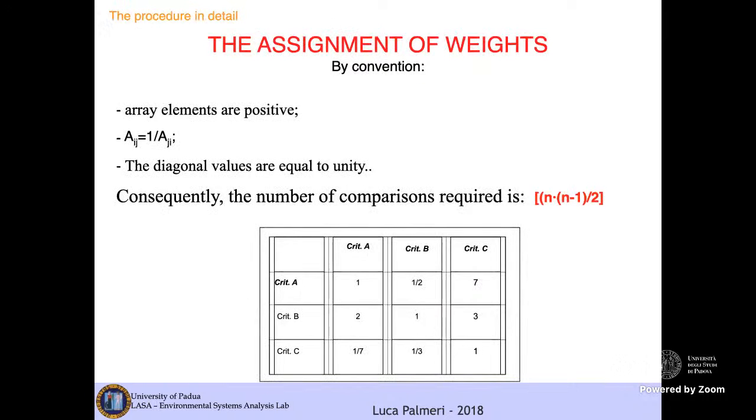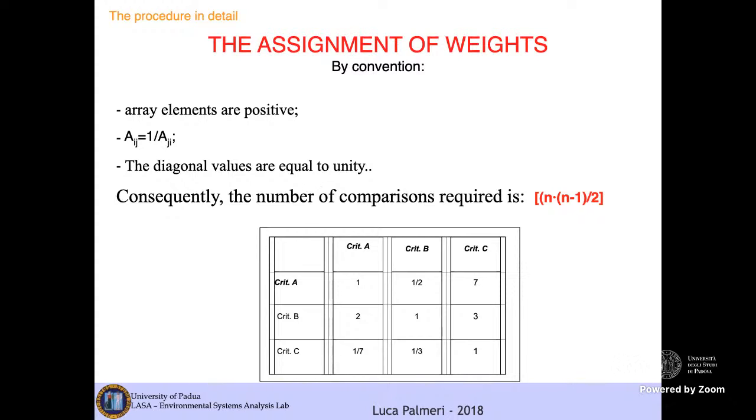By convention, the assignment of weights are made by array elements that are positives. The diagonal elements are, of course, the inverse of one another. So A ij is equal to 1/A ji. The diagonal values are, of course, equal to unity.